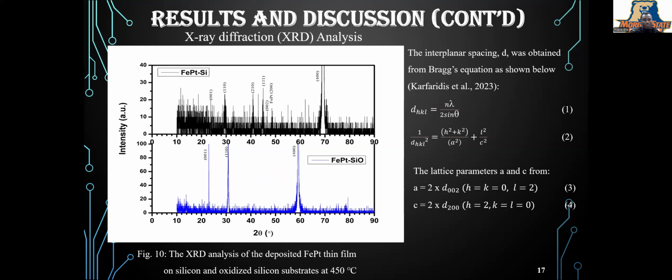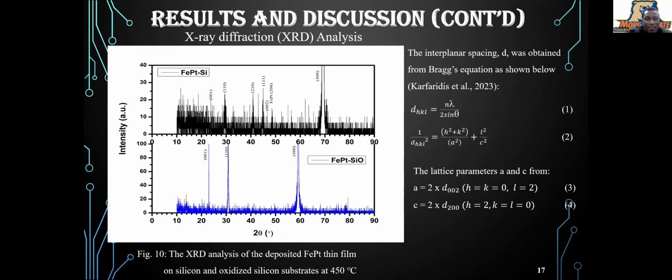Now we did the XRD measurement, which shows the crystal structure and the crystal size of the material using the Scherrer formula. We did the XRD analysis on silicon substrate and oxidized silicon substrate. For the oxidized silicon substrate, we could see the presence of the iron platinum peaks prominent at the 400 plane and also the 110 plane.